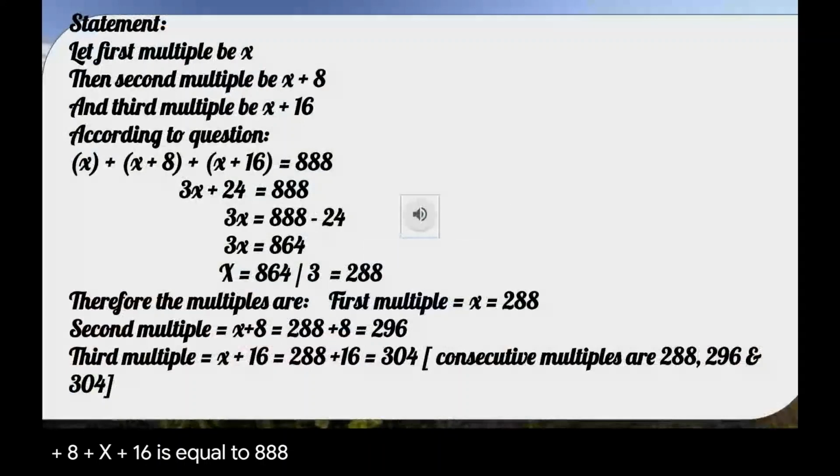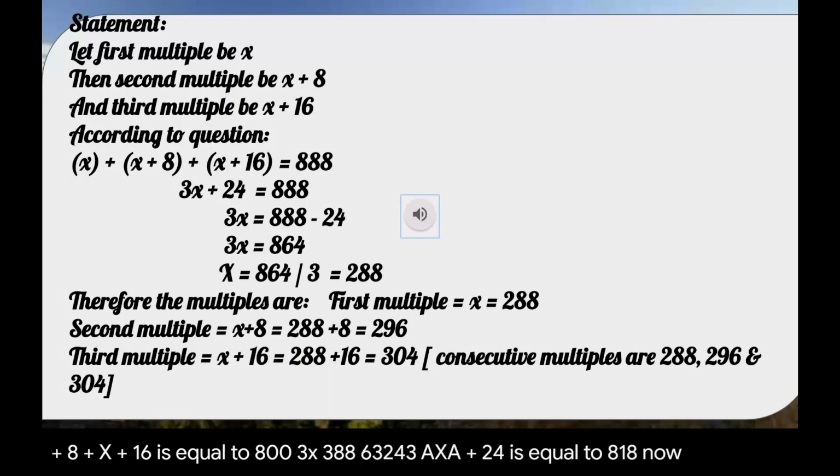Here we can see the statement. According to the question, we got an equation like this. x plus x plus 8 plus x plus 16 is equal to 888. Here also 3x is there, isn't it? So together we can write 3x. 8 plus 16, 24. So LHS 3x plus 24 is equal to 888.